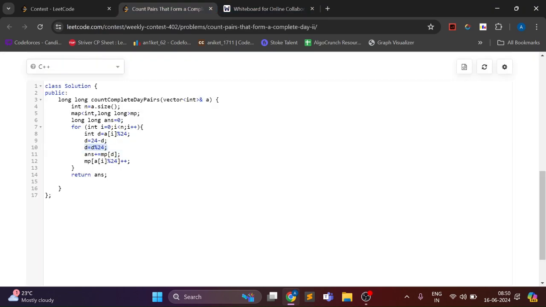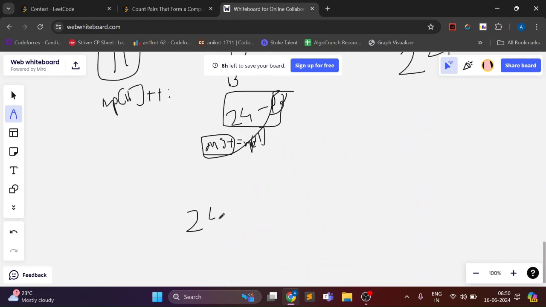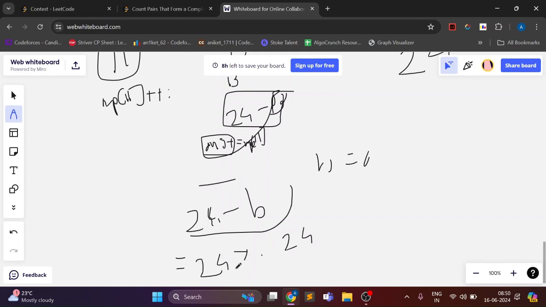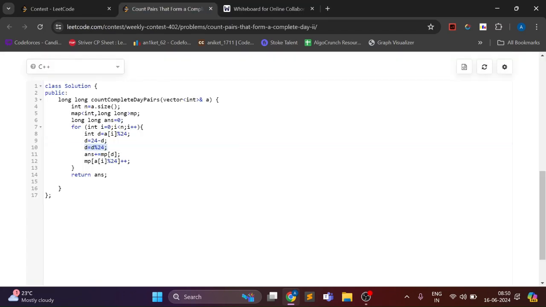Taking mod again would handle the case of 0 also. If b is equal to 0, then this value would be 24 itself, and taking mod with 24 again, my desired value would become 0. So the 0 case is handled by this statement.